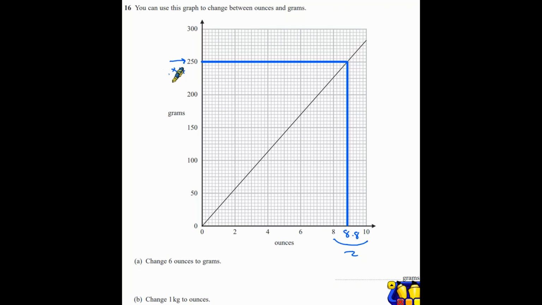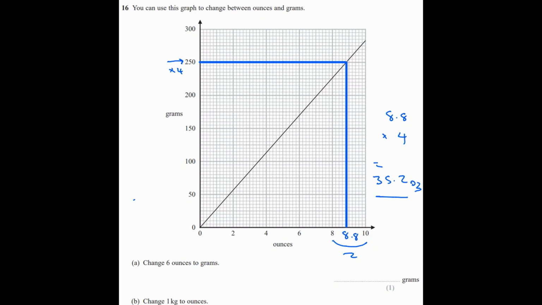Now that's for 250 grams, so I've then got to go 8.8 and multiply that by 4, and that gives me an answer of 35.2 ounces. OZ for ounces.